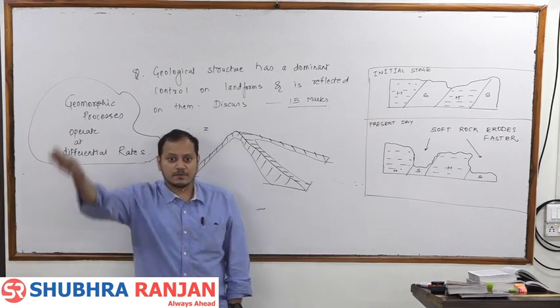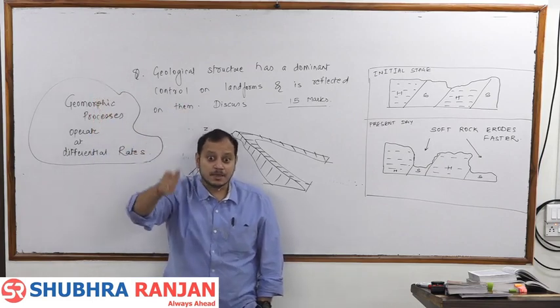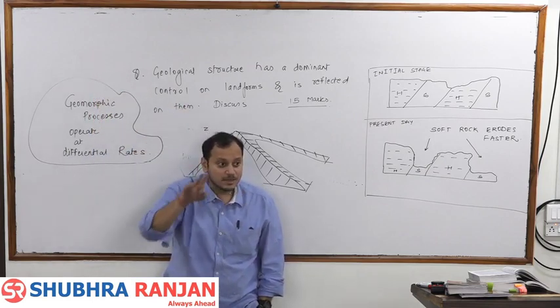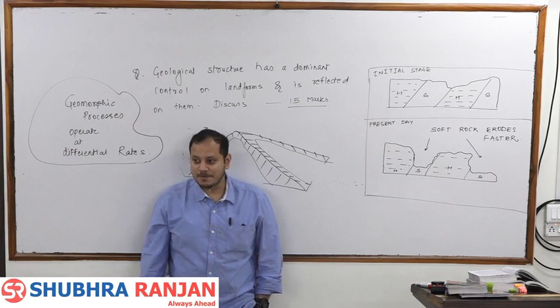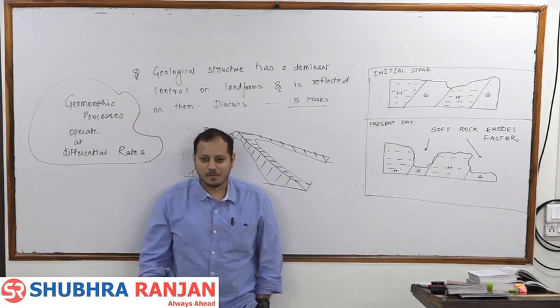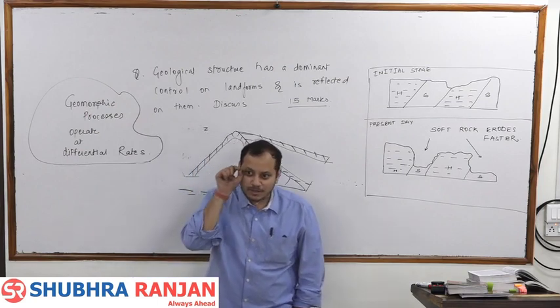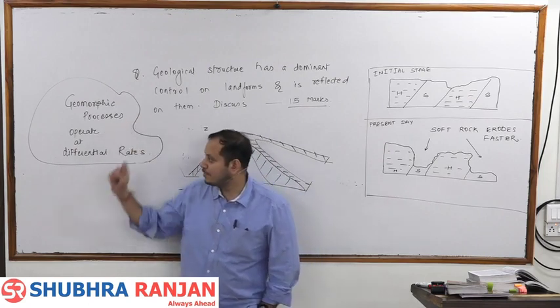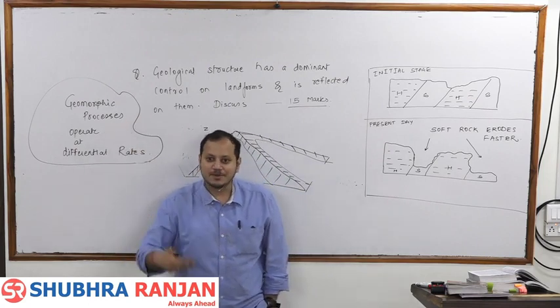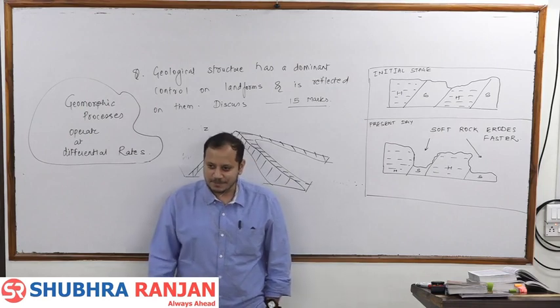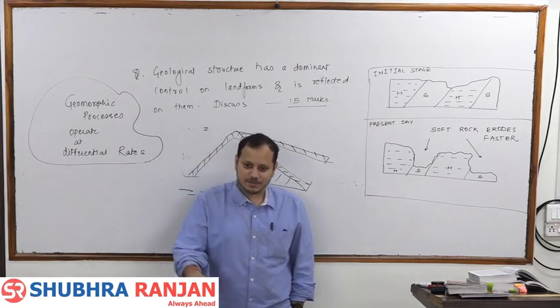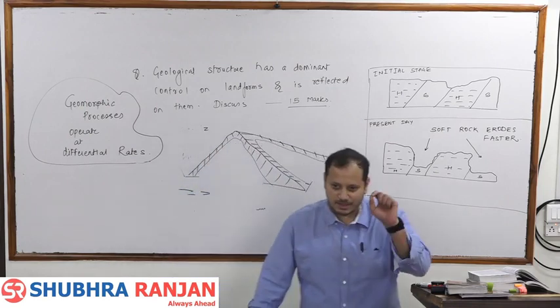Less the erosion, the height of the landform will be greater. But what is going to determine how the erosion rate differs? Structure. So the crux of the question is geomorphic processes operate at different rate because structure is different. Fine? Because the structure is also different and therefore understanding.